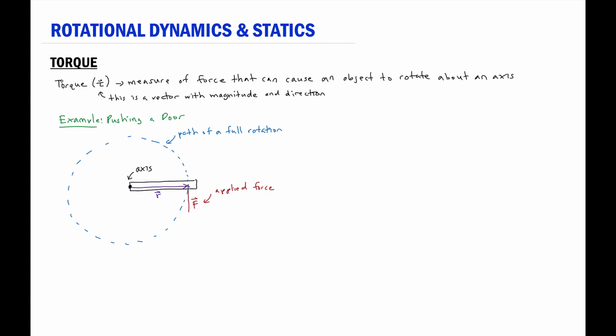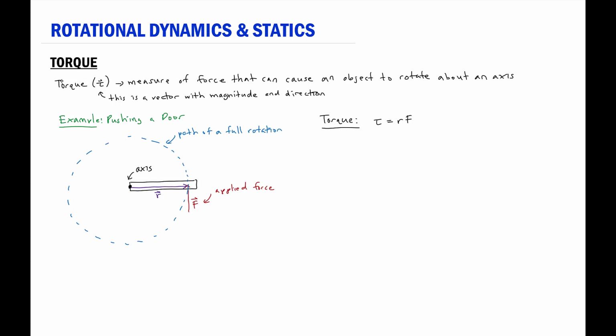So in the case of circular motion around an axis of rotation, your distance r is simply the radius. So that means we can define torque using an equation, and we can say that the torque is going to be tau equals r times F. And we note that the torque is going to increase with both the force and the distance.